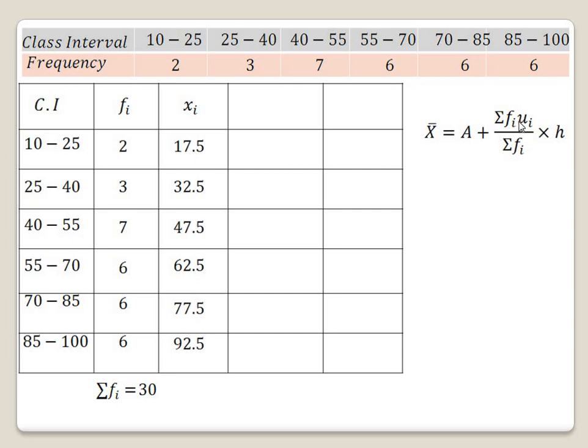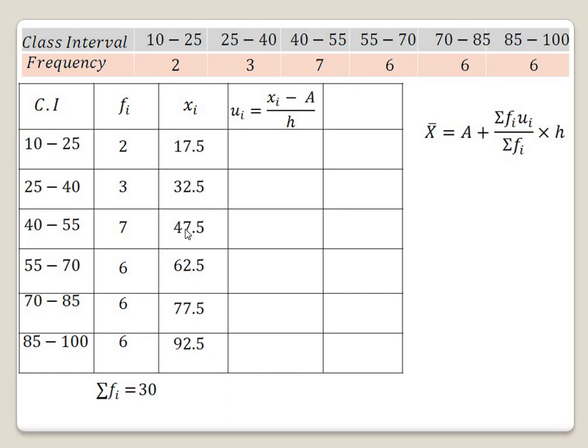Then we have to find ui by this formula: ui equals xi minus a divided by h. We have found xi, and the values of xi are these. Then we have to find a and h. Here there are six values of xi. In that, 47.5 and 62.5 are the middle values of xi. Therefore we can take a as 47.5 or 62.5.